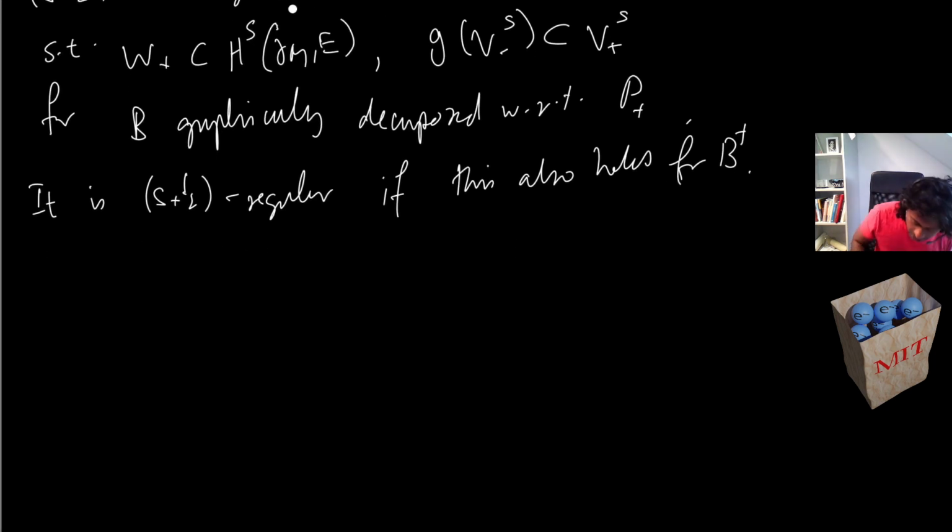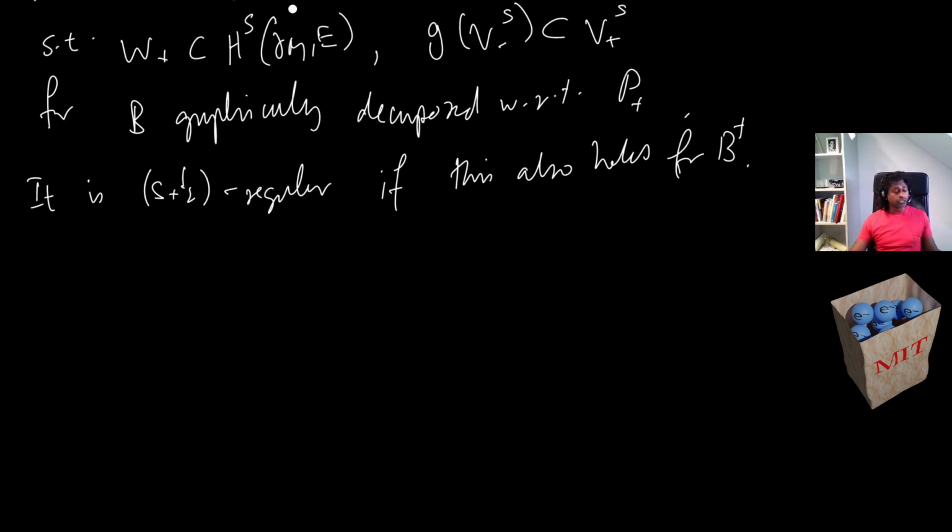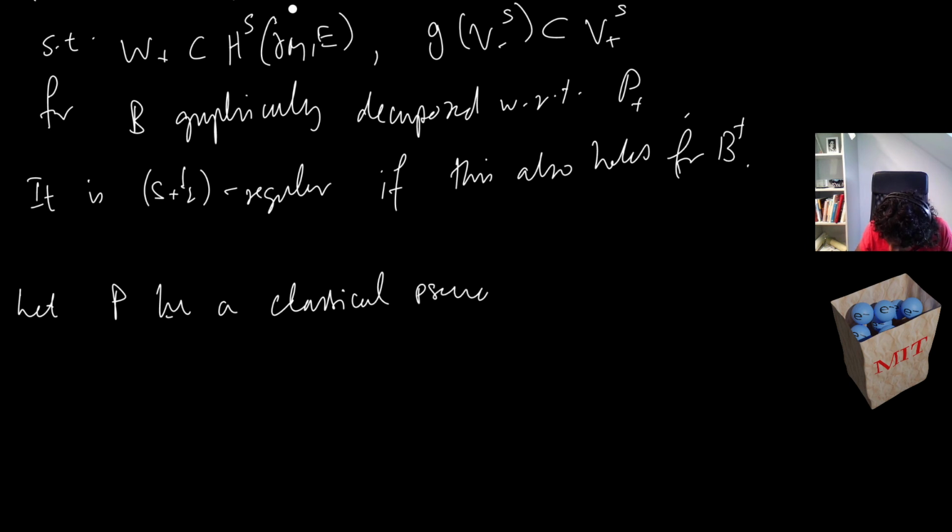Okay, I don't have the time to really get into pseudo-differential projectors, but let me just mention it because it has to be mentioned for the sake of relating all of this to the classical theory. So let P be a classical pseudo-differential projector of order 0.